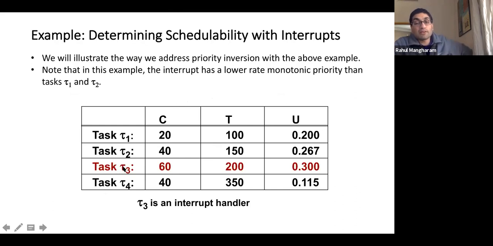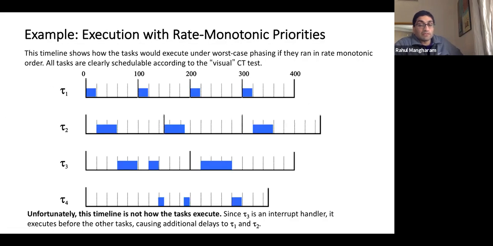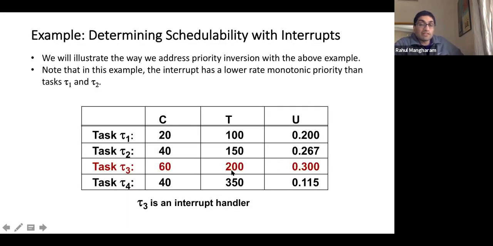And then you're like, wait a minute, tau 3 is an interrupt handler, and that's why we marked it in a different color. But the interrupt handler does not really have a period. It definitely has an execution time to execute the interrupt handler, but the period is something that we assign it.